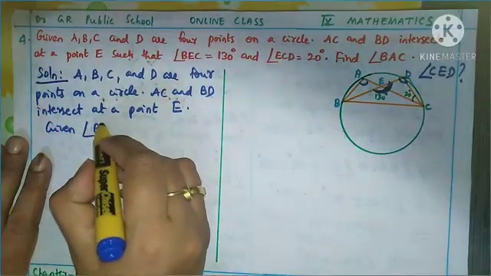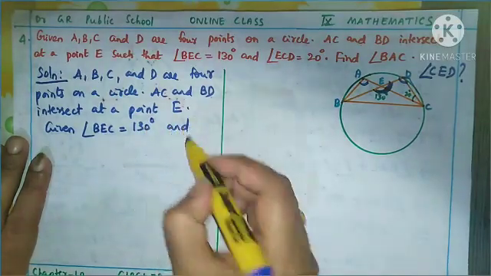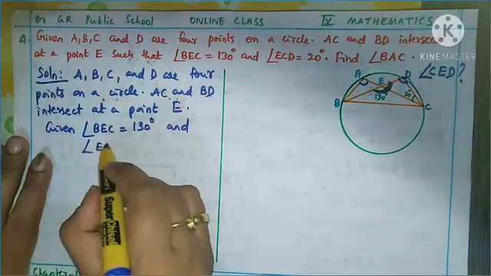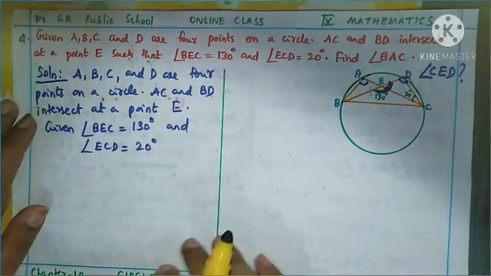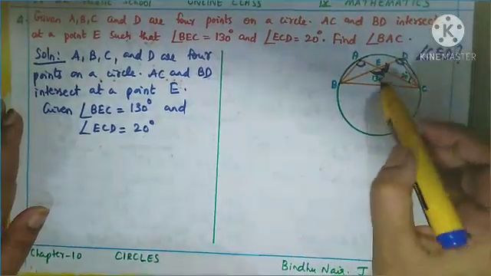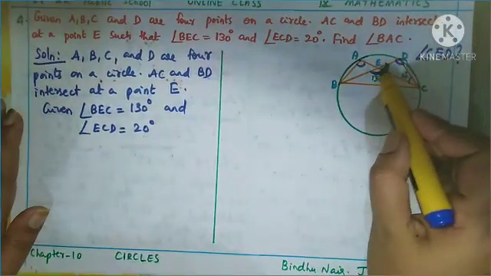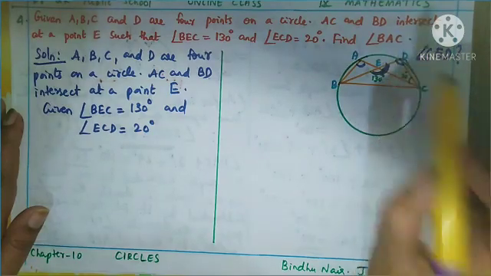Angle BEC value is 130 degrees and angle ECD is 20 degrees. So first, what we are going to do? We are applying the linear pair property for this angle and finding angle CED.